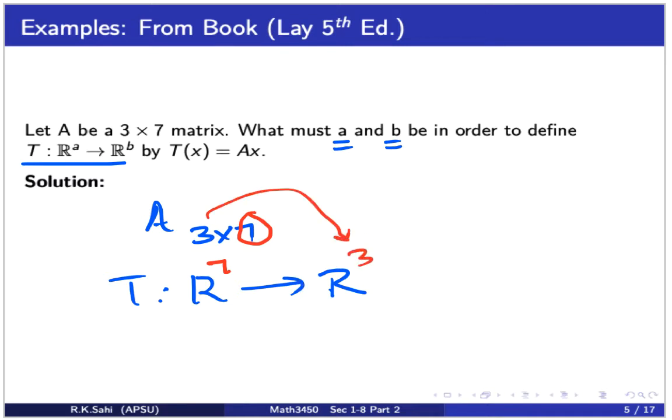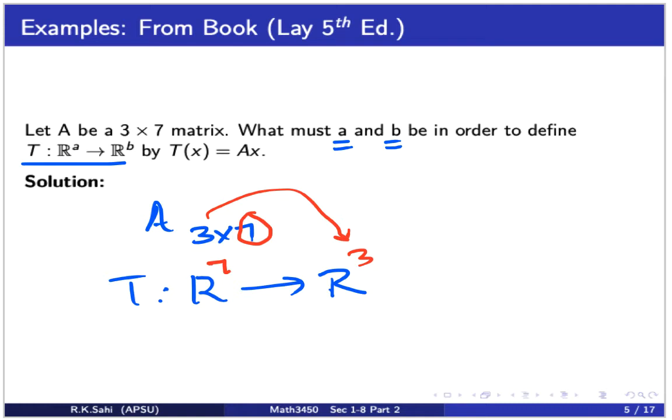Okay, let's talk about a linear transformation. So remember, we have talked about a transformation, which is a mapping, and when that transformation is defined using a multiplication by a matrix, then that transformation is called a matrix transformation.